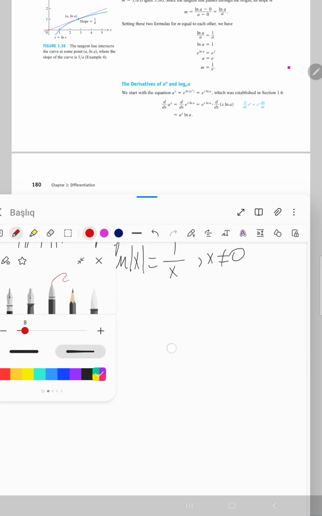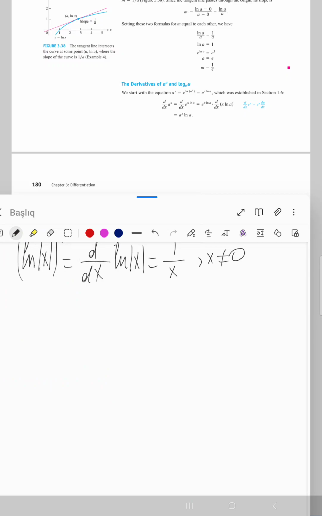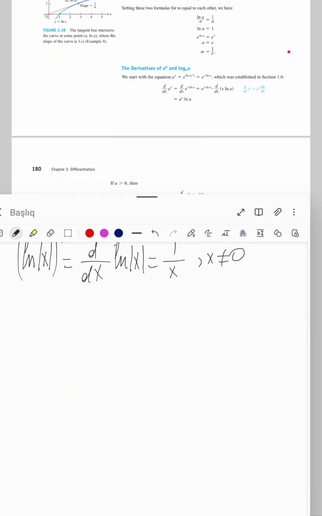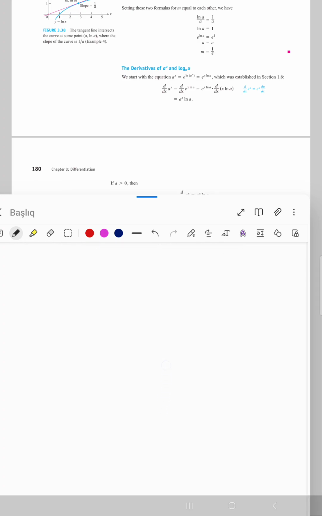What else do we have in here? Let's see. Derivatives of a to the u and logarithm base a of u. We start with the equation a to the x. To find the derivative of a to the x, we said that e to the power of ln something will give you that something, because e to the power of ln x was x, yes?